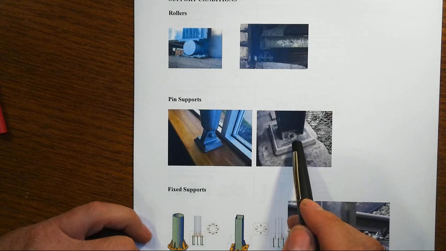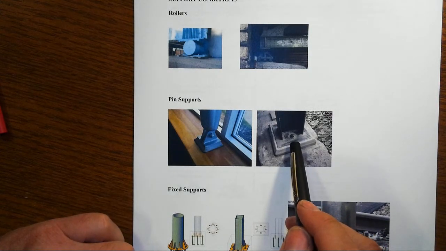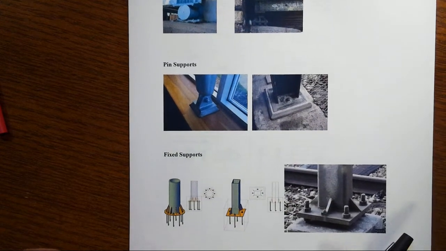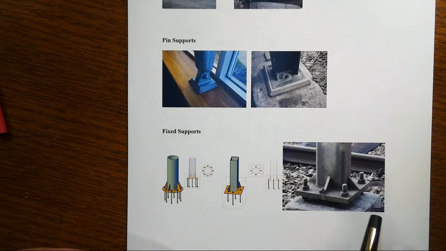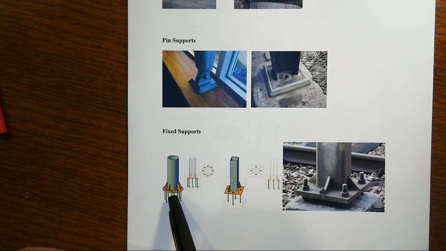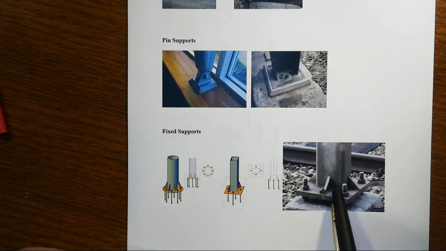To understand why it acts as a pin support and not this fixed support down below requires the next course in structural mechanics. A little bit of a hint, though: when you see this fixed support, then you oftentimes, not always, will see these little stiffeners around the edges of either this tube or this pipe column that you see here.